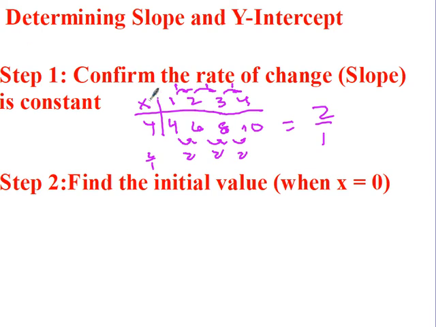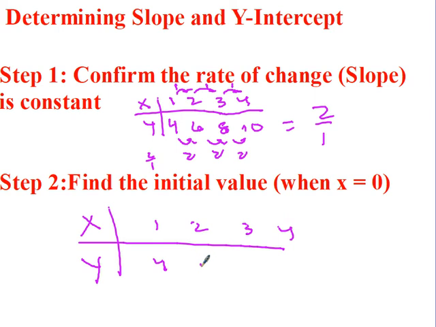So if I were to continue this pattern, let's keep using this table to show what I'm talking about. It kept going up 1, and it kept going up 2. So I might have to go backwards to figure out what my y is when x is 0. If I want to know what y is when x is 0, I went down 1.